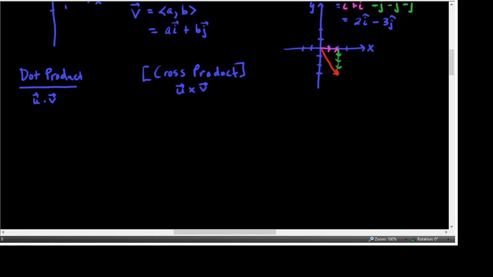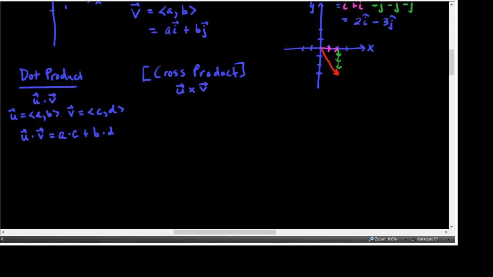All right, so if U is defined in component form as A, B, and V is defined as C, D, then U dot V, the dot product, is defined as the number A times the number C plus the number B times the number D. And of course, if you multiply numbers and add them together, you're going to get a number.